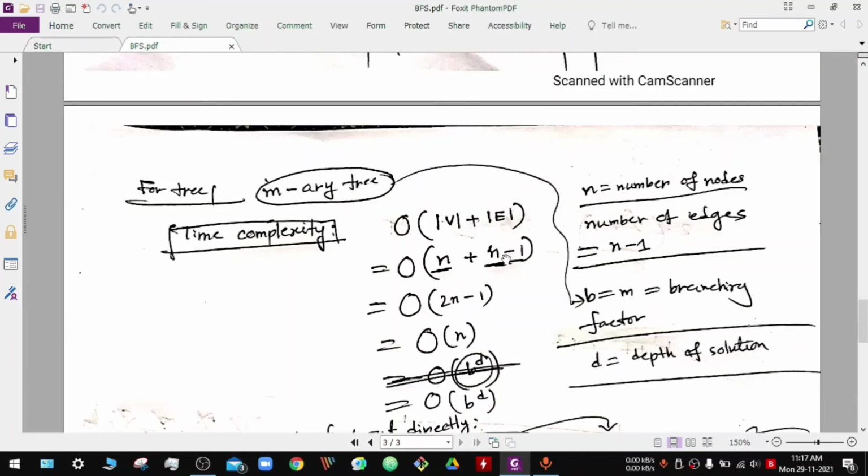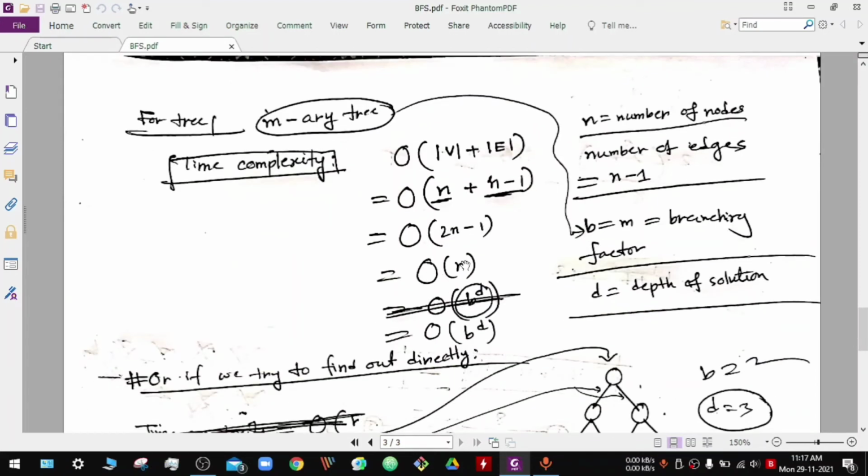And for a tree, the number of edges is one less than the number of vertices, so it is n minus 1. So ultimately the time complexity is O(n), where n is the number of nodes in that tree. Now n can be written as b, the branching factor, to the power d, the depth of the tree.